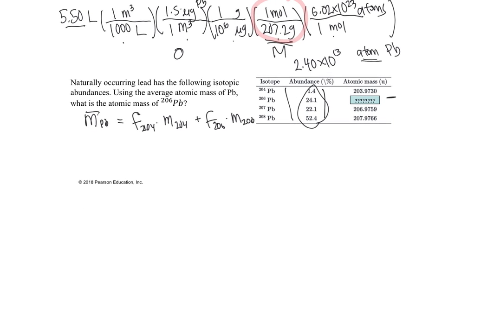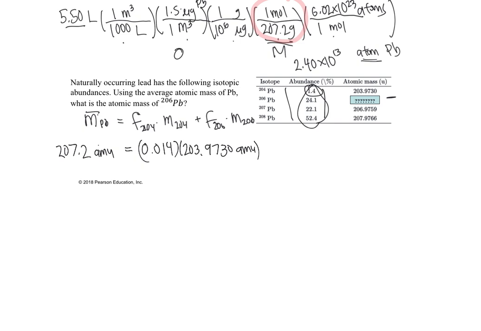So we know that the average value of lead from the periodic table is 207.2. We'll do AMUs, but grams per mole also works. Equals the fraction of 204. So 204 is 1.4%, so that's 0.014 in fraction, and its mass is 203.9730 AMUs.